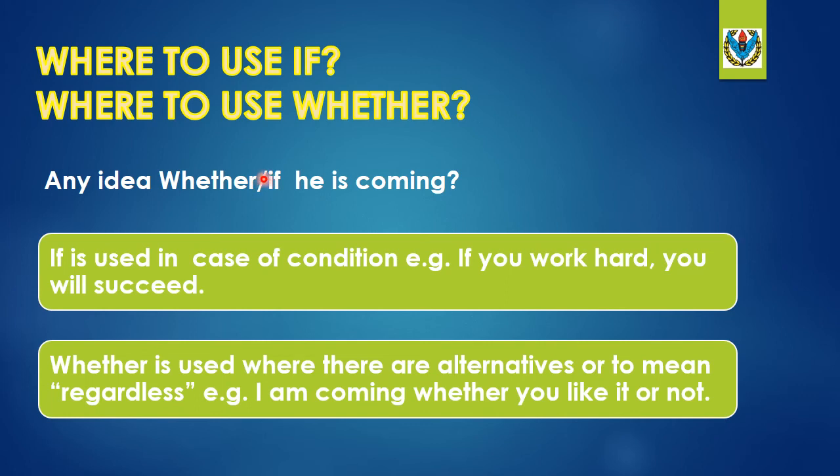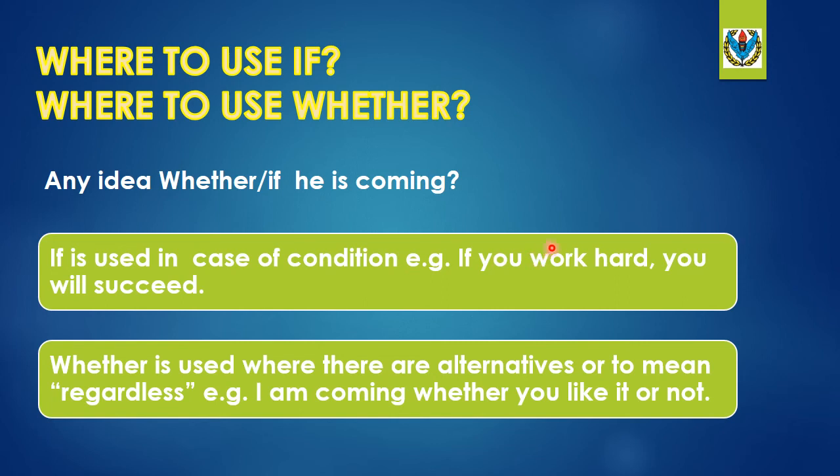But in certain situations, we have to use if, and in certain other situations, we have to use whether. We can't use them interchangeably. Look at the example. If you work hard, you will succeed.